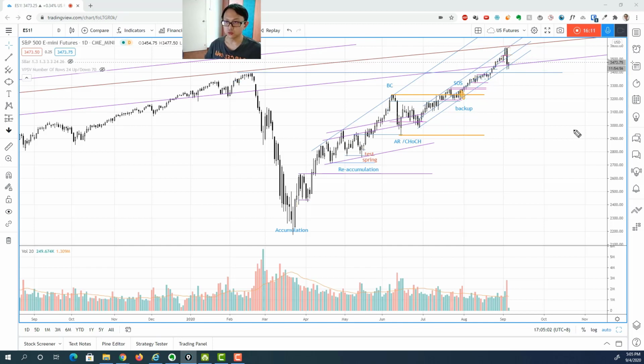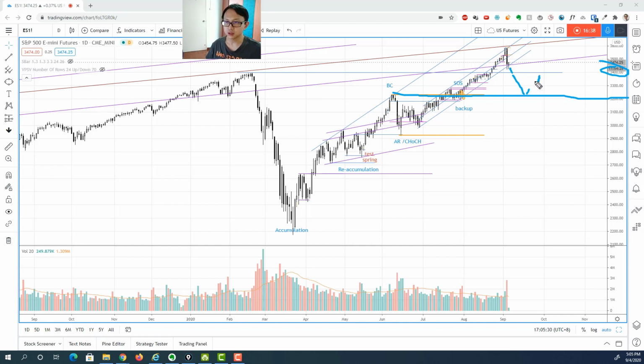And another level to watch, if we really have some kind of bad news to hit us, then I think this orange line here, about 3200 or 3230, if I remember correctly, will be a good support level. So if 3400 cannot hold, then the next support level will be 3230.